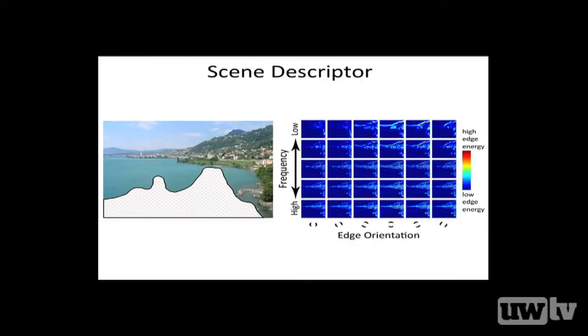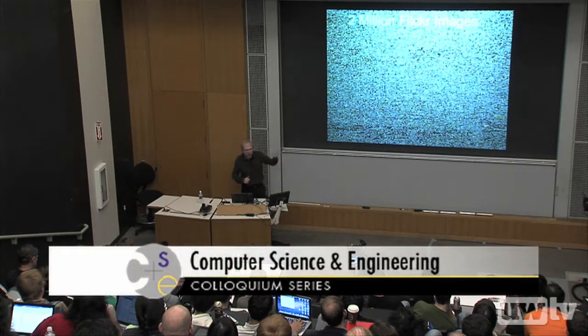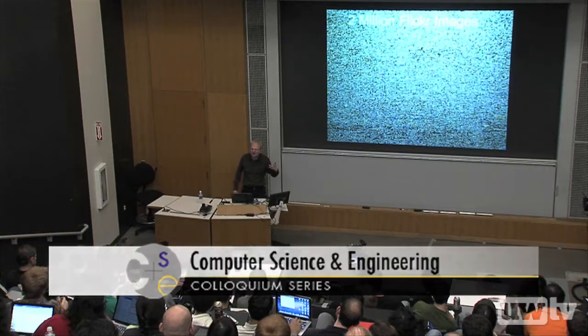Well, what we do is we describe this image with gradients at various scales and orientations, histogram them, and this is essentially the scene gist descriptor proposed by Oliva and Torralba. And then we just get ourselves a couple of million images from Flickr and search for a similar image in our big data set, okay? And then see what we find.